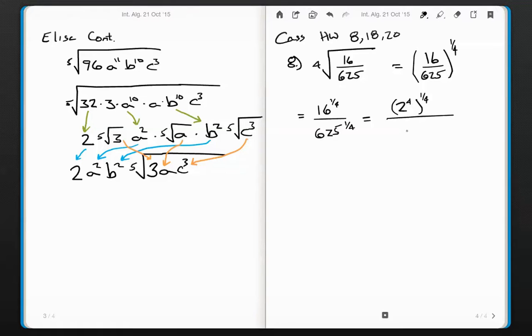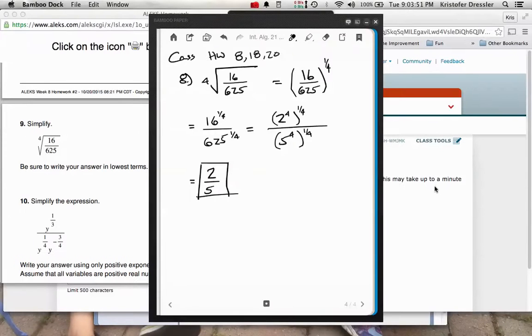And this actually works out to be 5 to the 4th to the 1/4. So those neatly cancel out. So this just works out to be 2 over 5, or 2/5, and that's my final answer there. So that was a pretty good one. Thank you, Cass. Let's take a look at number 18 here. I've got to go back to that homework.